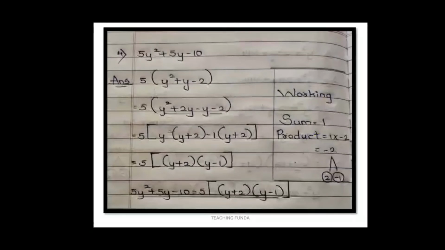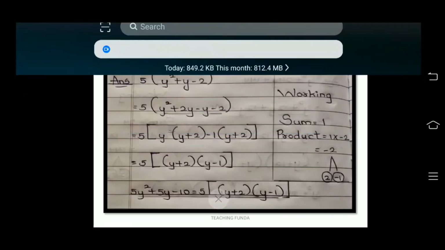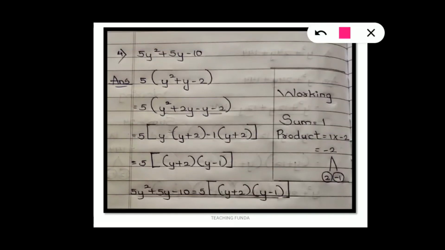Fourth sum, 5y square plus 5y minus 10. If you observe here, you have to take 5 as common. If you take 5 as common, then y square plus y minus 2. Again you have to find the factors of 2. 2 ones are 2.